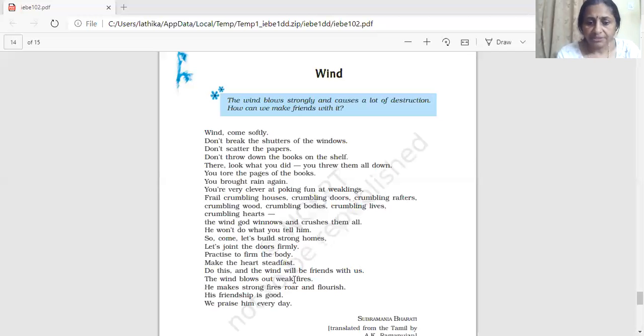Do this and the wind will be friends with us. The wind blows out weak fires. He makes strong fires roar and flourish. So the poet is saying, if you take all the precautions necessary, you don't have to fear the wind. It will be friends with us. We will enjoy the wind when it comes.